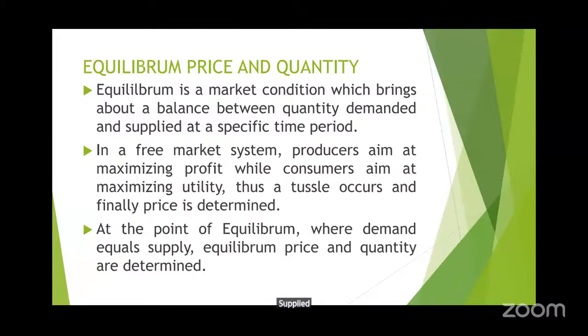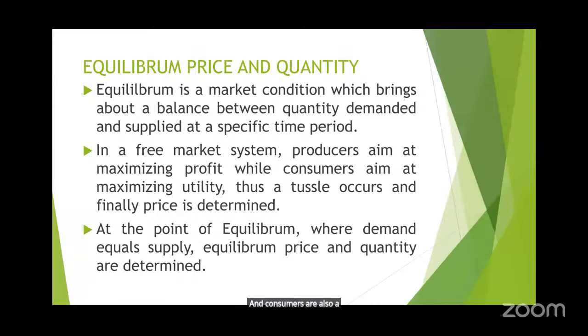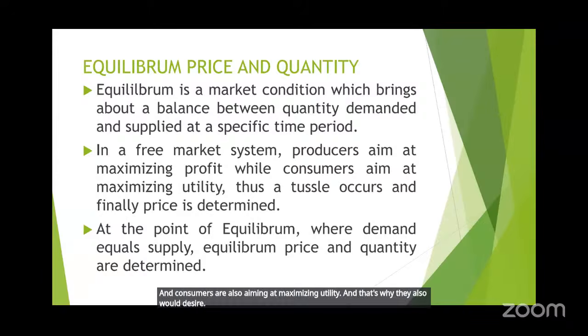And once that happens, then the equilibrium price and quantity are determined at that point of consensus between consumers and producers. Producers are aiming at maximizing profits. That's why they always desire higher prices. And consumers are aiming at maximizing utility, and that's why they desire lower prices.